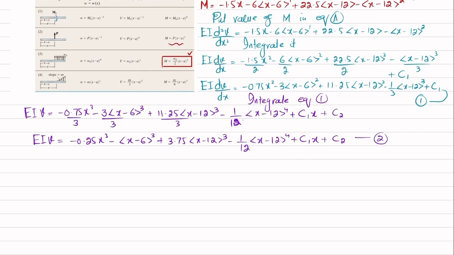C1 and C2 can be obtained by using boundary conditions. So boundary conditions are used to find C1 and C2. The first boundary condition is that at x equal to 0, the deflection is equal to 0.